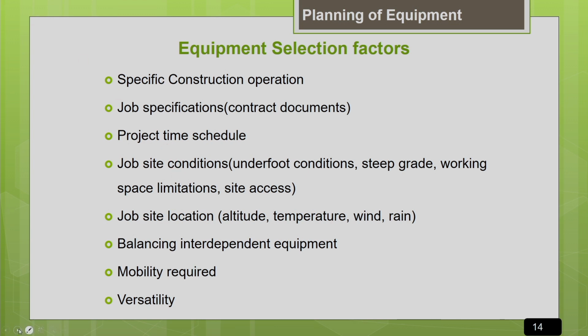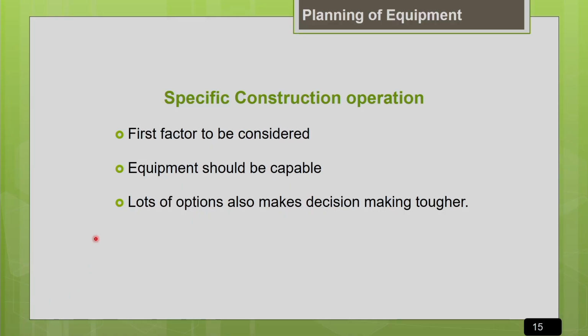Now let us look into all these equipment selection factors one by one. The first selection factor is the specific construction operation. This is a basic factor. Whatever equipment we select should be capable of doing that particular operation. For example, if you want to use equipment for earth moving operation, it should be capable of doing that operation.